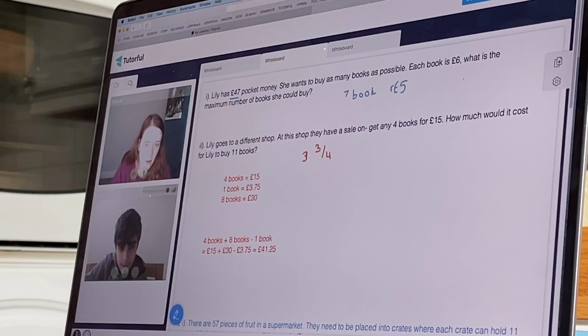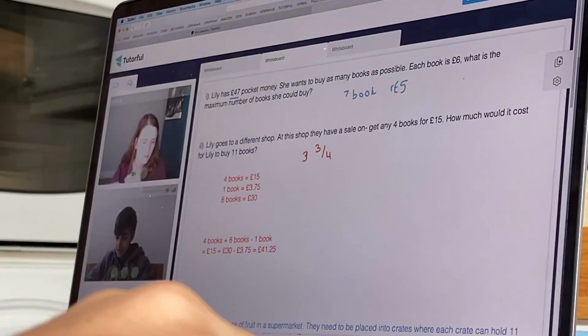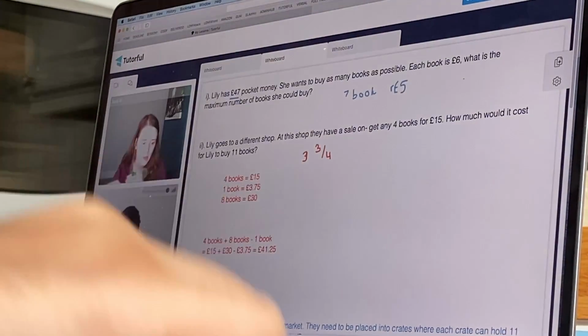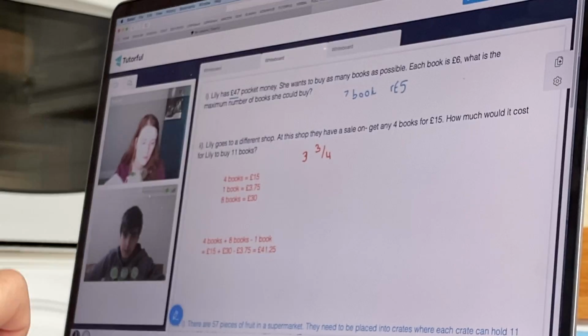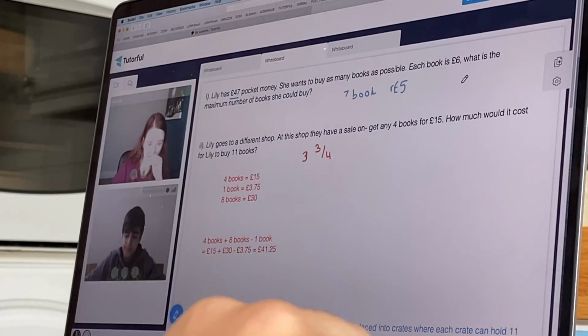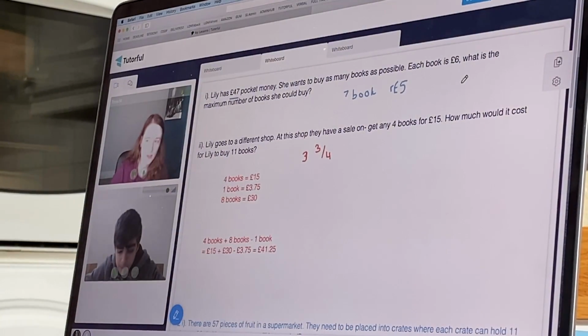So how do you feel about proportion? It's getting easier, but I think I need a bit more help, a bit more practice, especially on these questions. The funny thing is I write these ones, but I struggle to find questions like this on the internet.